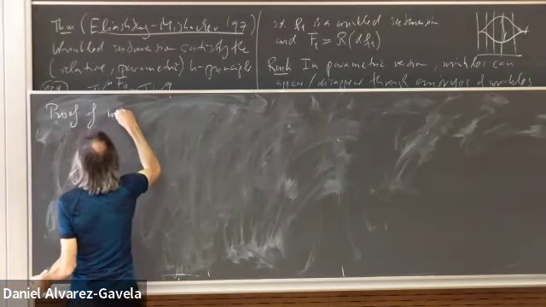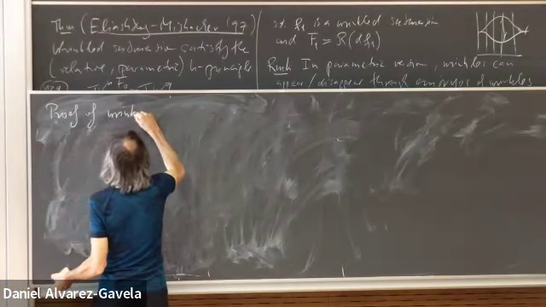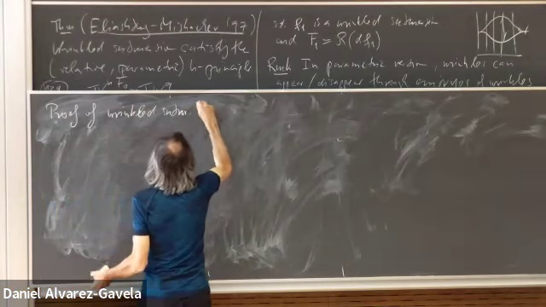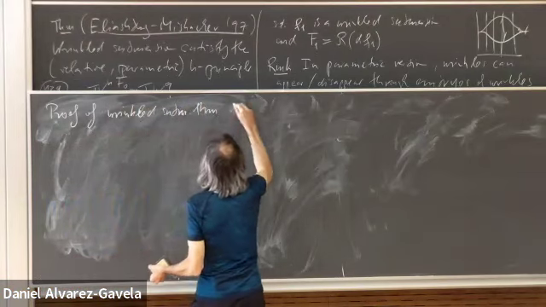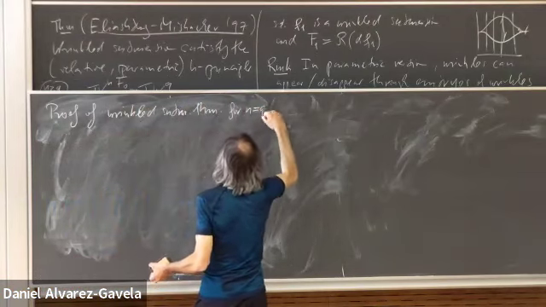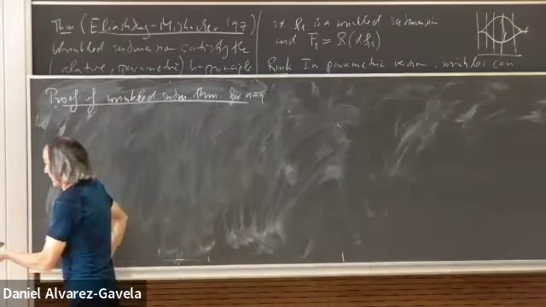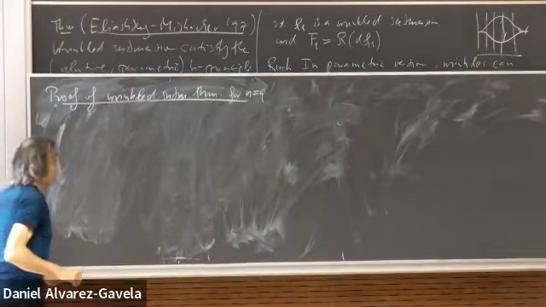of the wrinkled submersion theorem for n equals q, so in the equidimensional case. What is the setup?